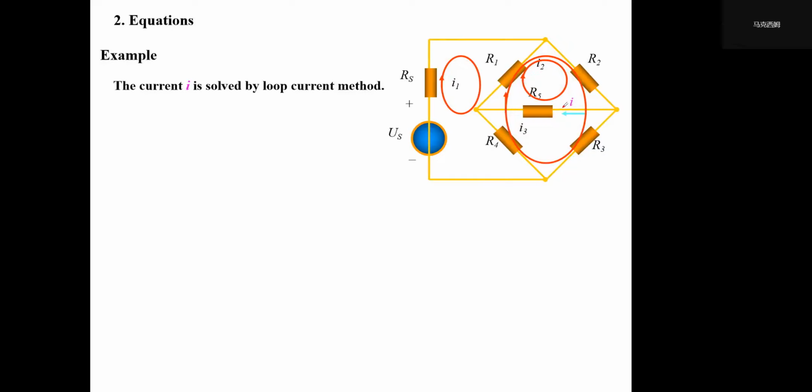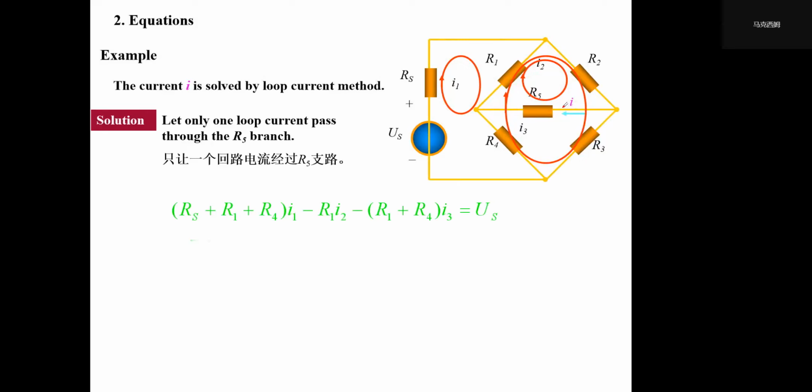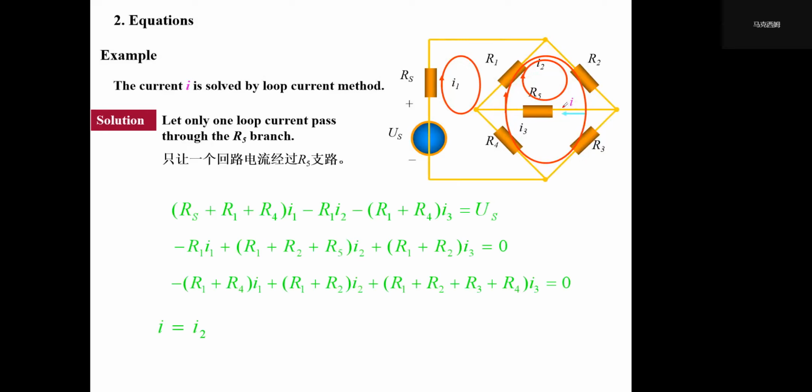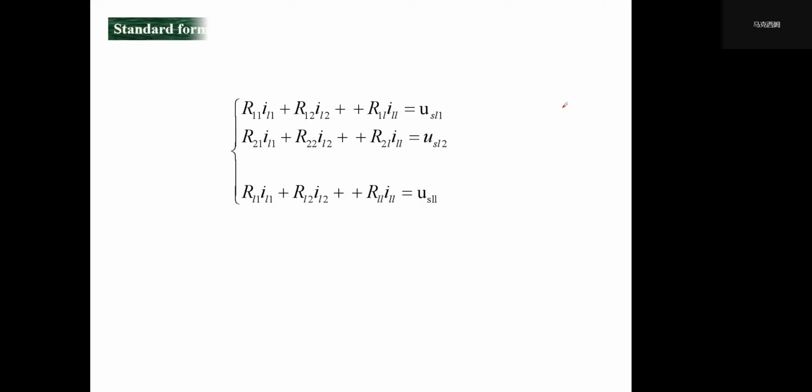Using this kind of trick will avoid very complex cross resistance calculation. So this is a very basic trick we have learned from last week's study.